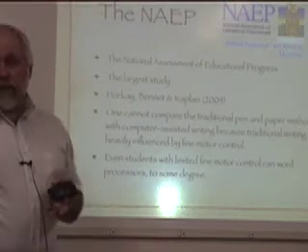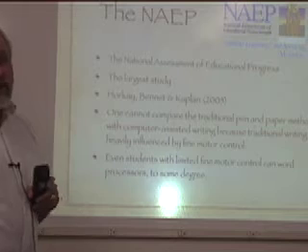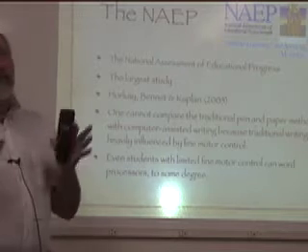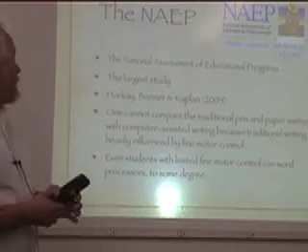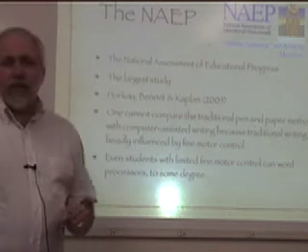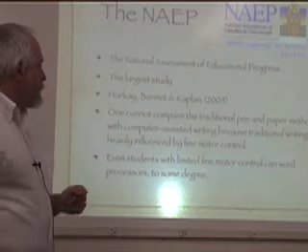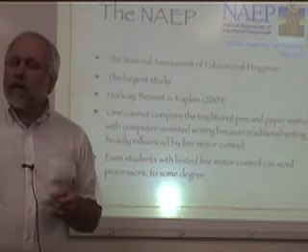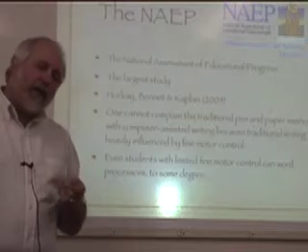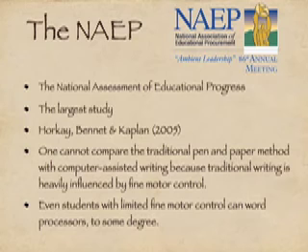The first study that we looked at was the National Assessment of Educational Progress. This is a rather large study, and it is the largest study we could look at. It's done by Jorge, Bennett, and Kaplan, and the most recent results that I looked at were from the 2005 study. We found that it was very difficult to compare the traditional pen and paper method of inputting writing to computer-assisted writing, because the traditional writing method is heavily influenced by something called fine motor control.